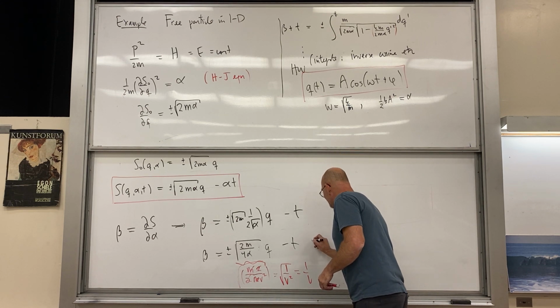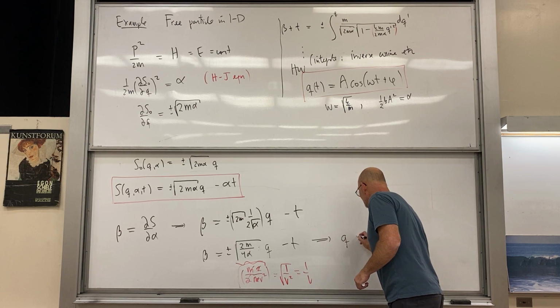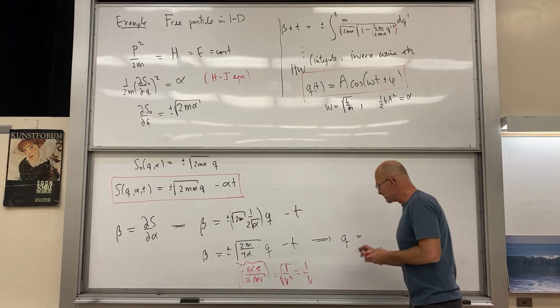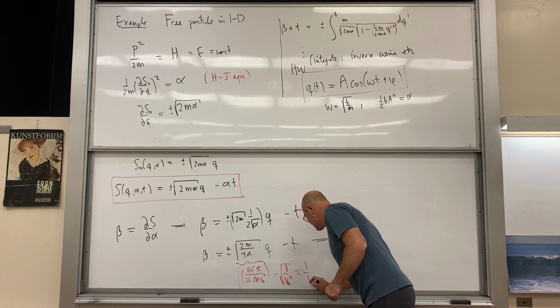So what this result is, q is equal to, and by the way, since this is a constant, let's go ahead and call it v naught.